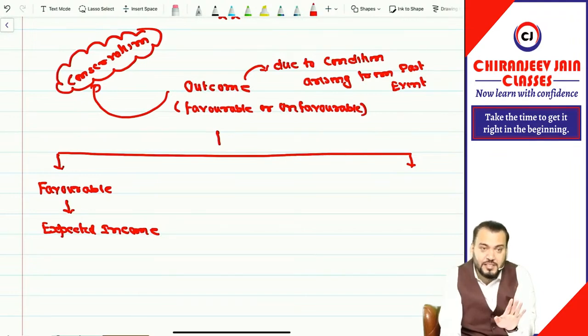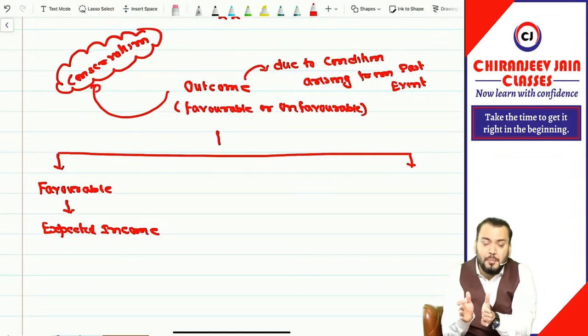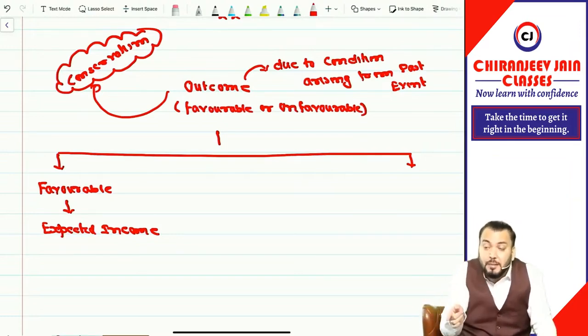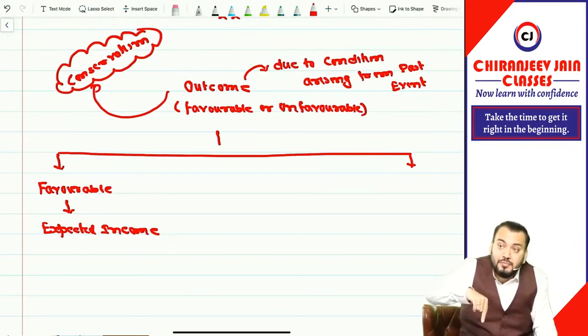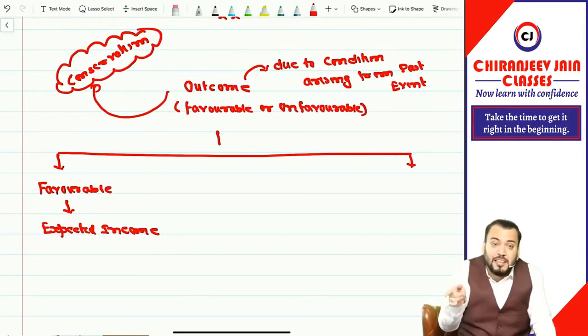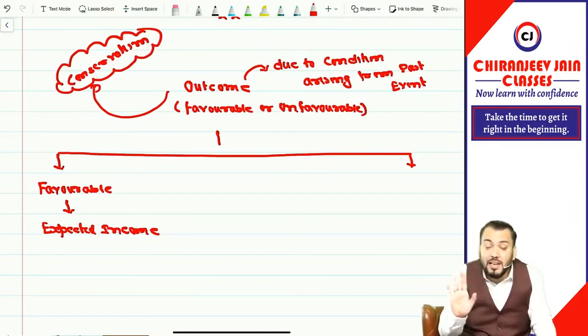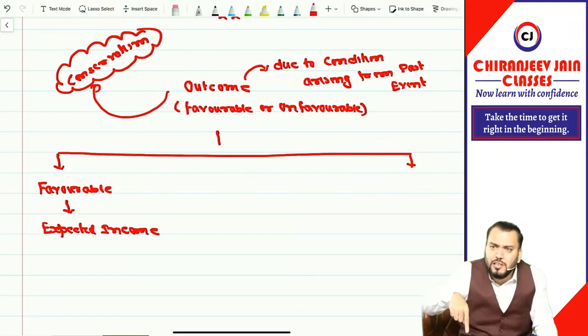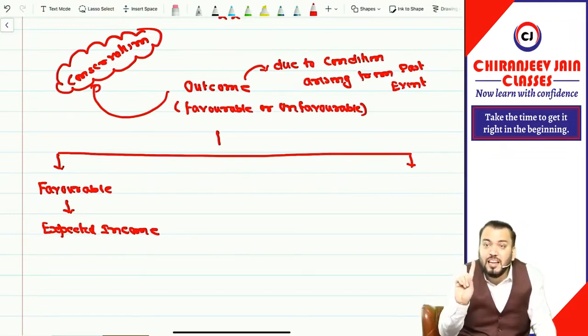Means conservatism, whatever we are applying, is applied on expected expenses and expected income arising from which event? Any expected income or expected expenses arising from a future event will never be recognized, and on that we never apply the conservatism principle.